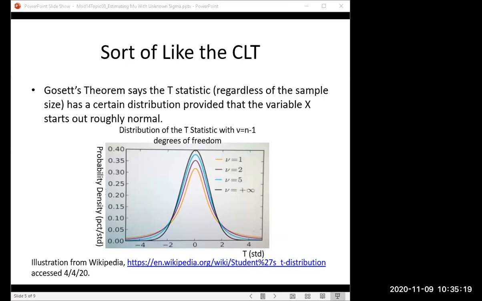And when the sample size is very large, the t-distribution comes to look exactly like the normal distribution. So this black curve here, the tallest one, is the standard normal distribution.